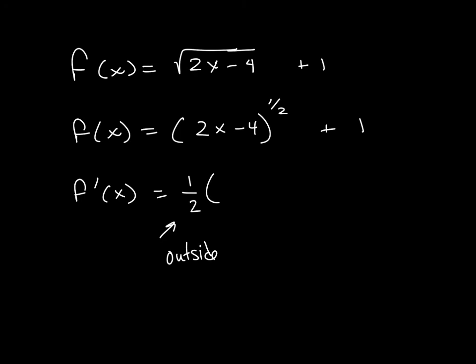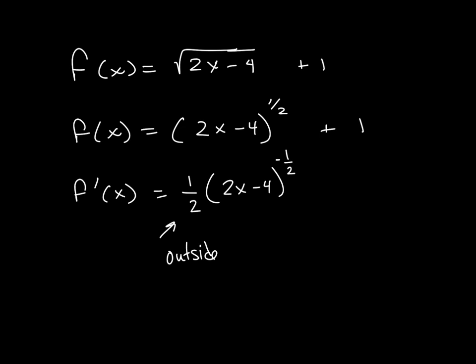Everything on the inside stays. So that becomes and stays as 2x minus 4. But that 1/2 I have to subtract a 1 from. I do that in the form of 2 over 2. So all of that leaves me with negative 1/2.